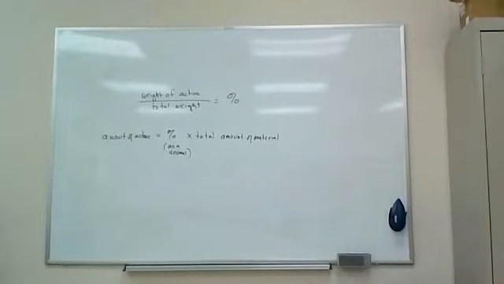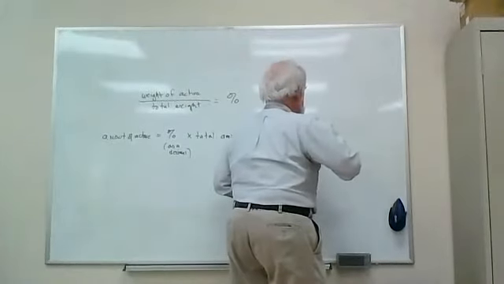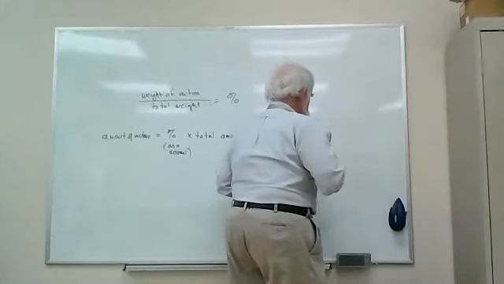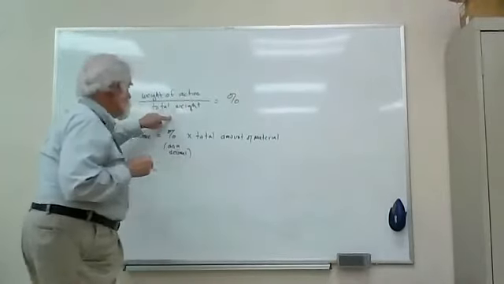So what we have to know is either the weight of the active and the percentage, or the weight of the active and the total, or the total and the percentage. If we know any of those, we have the formula that I give right here.